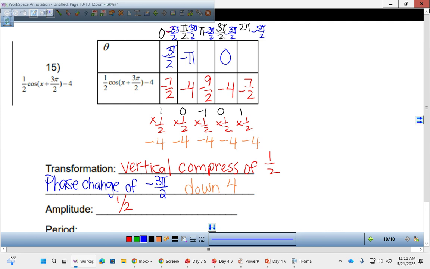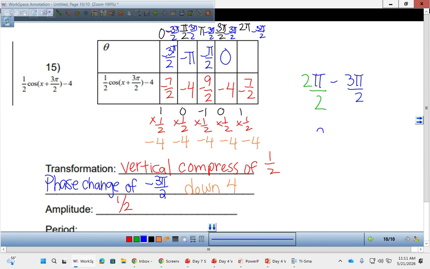If I'm doing pi minus 3 pi over 2, I need a common denominator when I add and subtract fractions. So I've got to give this a 2, and if I do that to the bottom, I've got to do that to the top as well. So this becomes 2 minus 3, or -1 pi, and then I keep the denominator the same.